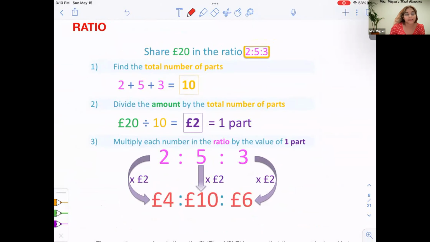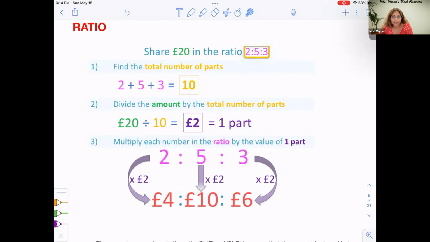All right, so let us look at some examples concerning ratio, because they did identify that you are getting a ratio question, or a part of a question. We want to share 20 pounds in the ratio 2 to 5 to 3.